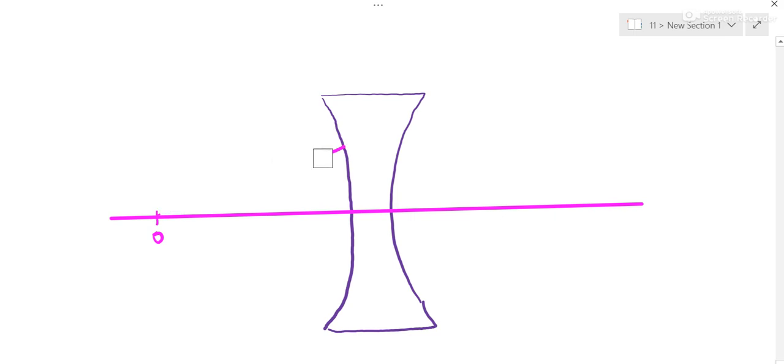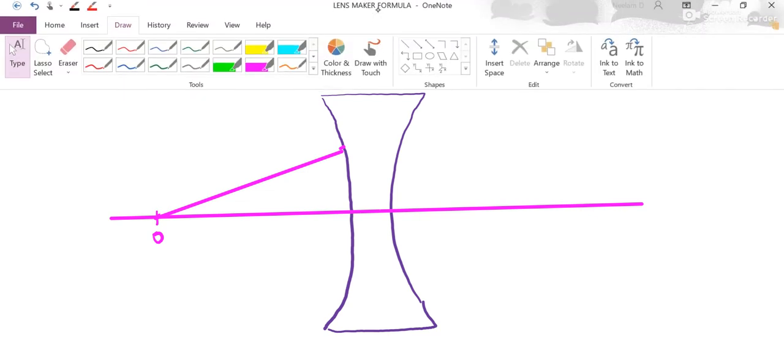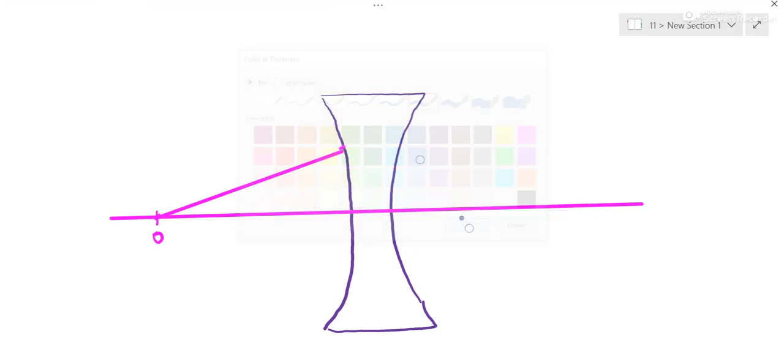The diagram is very important; the derivation is the same as that of convex. Now the first surface will bend it, so let us diverge it.